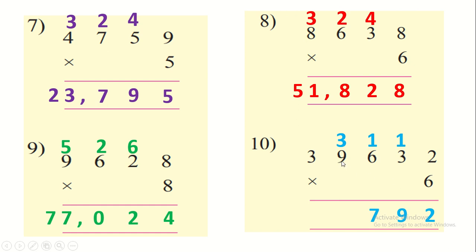Write 7, carry 3. Next is 6 times 9 is 54, plus 3 is 57, write 7, carry 5. 6 times 3 is 18, plus 5 is 23. Your answer is 237,792. Correct, students? Okay, please check your answers for number 7, 8, 9, and 10.